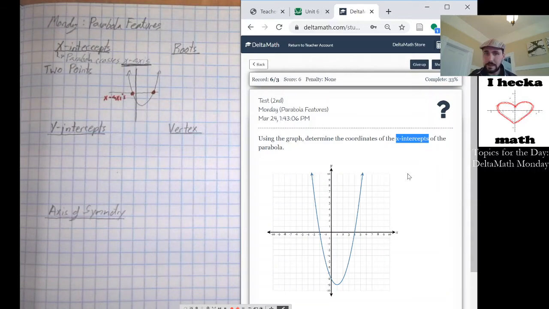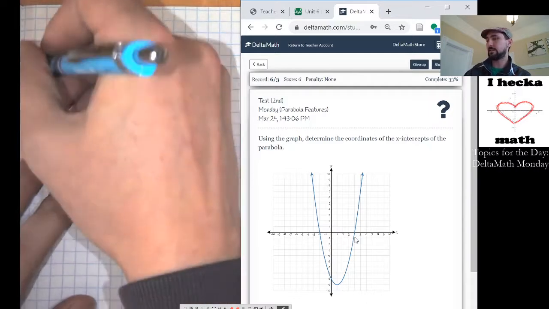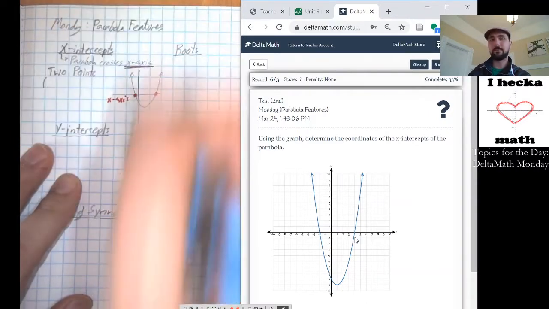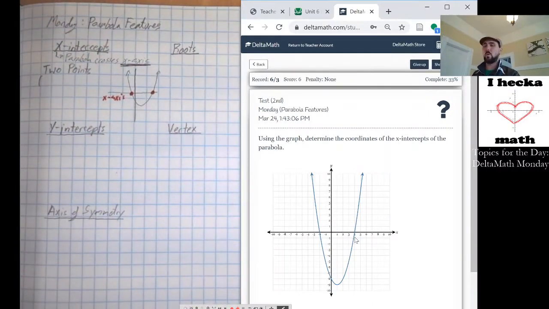And now let's get precise. So when I'm looking over here, I'm counting. It looks like this point is at -2 on the x-axis, and this point is at 4 on the x-axis. And when I say that, though, remember, points need an x value and a y value.